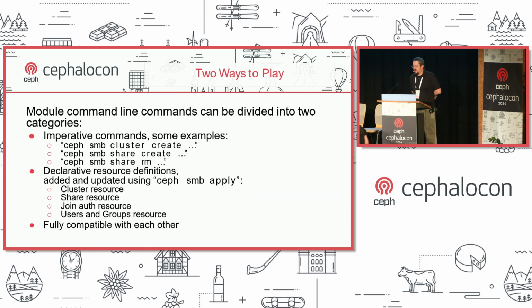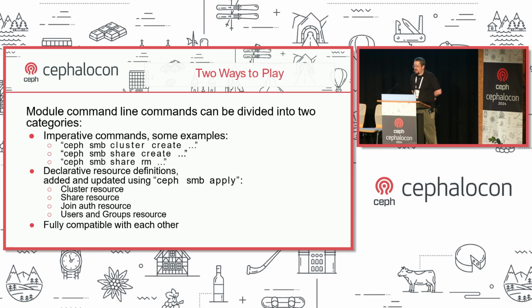There are two sets of commands that the manager module provides. The two categories are imperative commands, which are very similar to those that already exist in the NFS Manager module, where you say things like create a cluster, create a share, remove a share, etc. But we also developed a declarative resource style, very similar to the existing Ceph ADM service specs, or something like a Kubernetes resource, where you tell the cluster, this is what I want things to look like, and it'll try and make it happen.